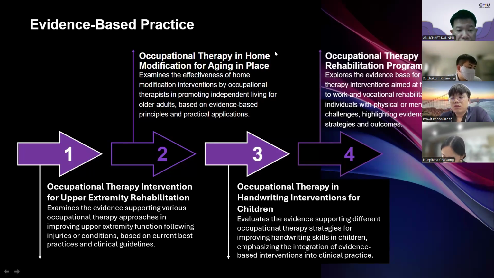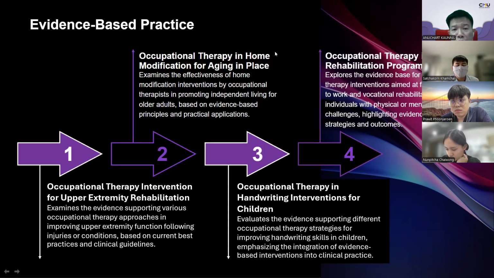Because there is evidence supporting various occupational therapy approaches to improve or strengthen the upper extremity following injury, based on current practice and guidelines. It becomes a clinical guideline, a CPG already. Some, like the stroke guideline we did together, become evidence-based.